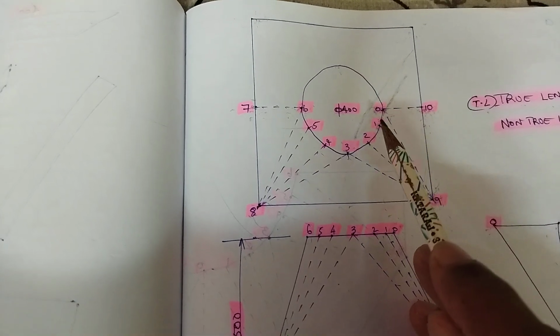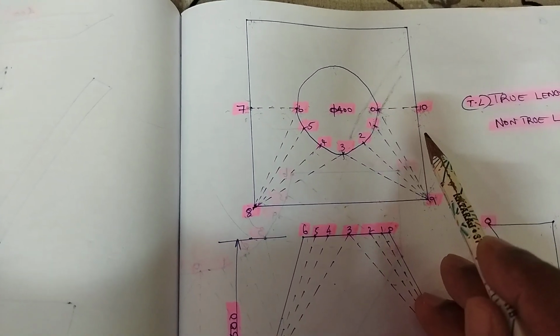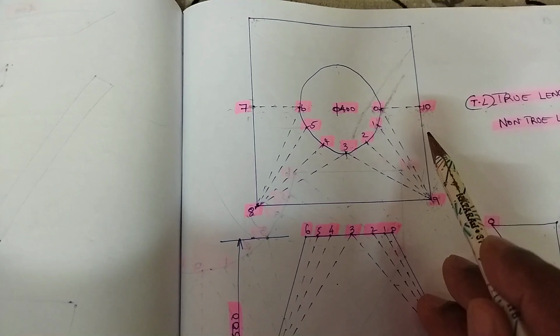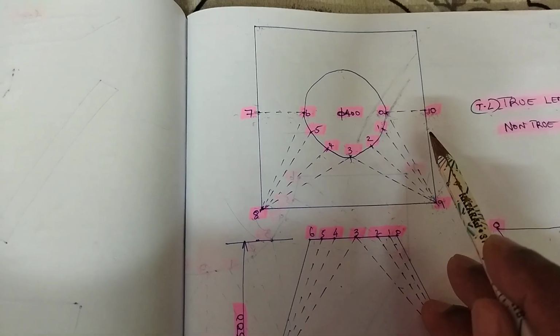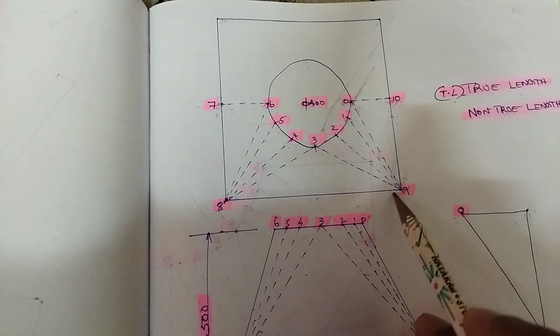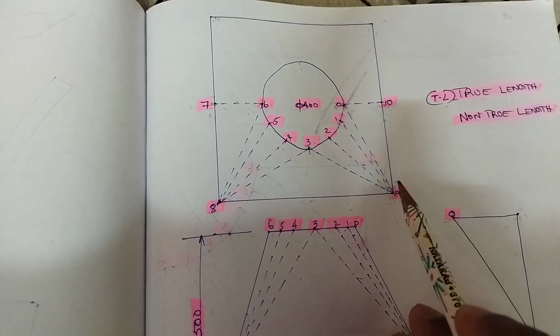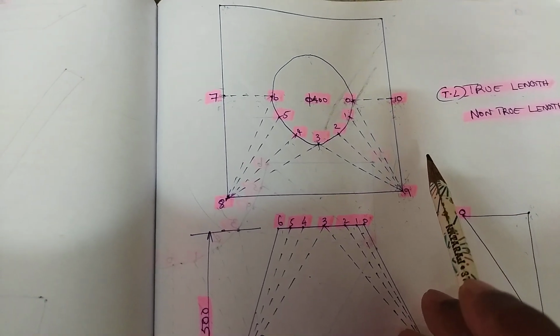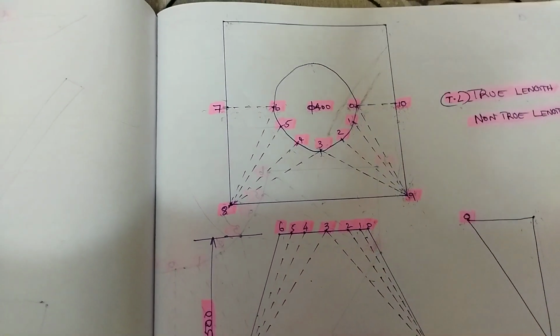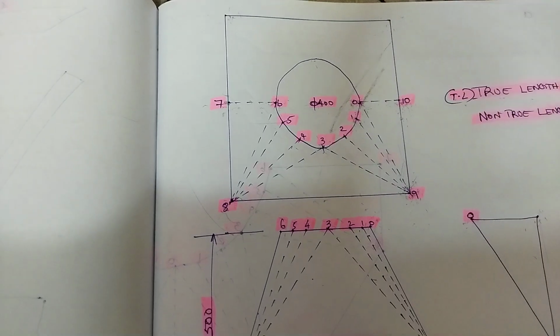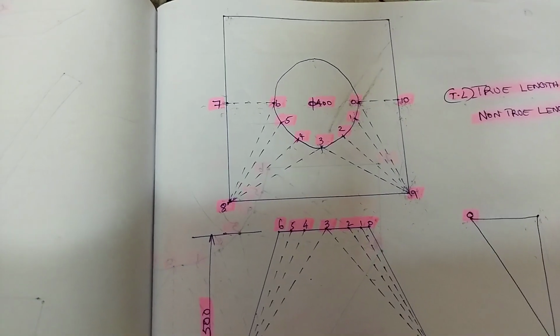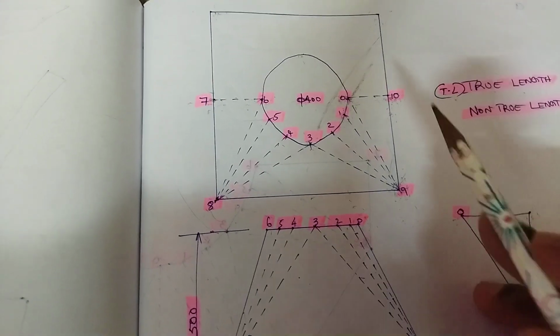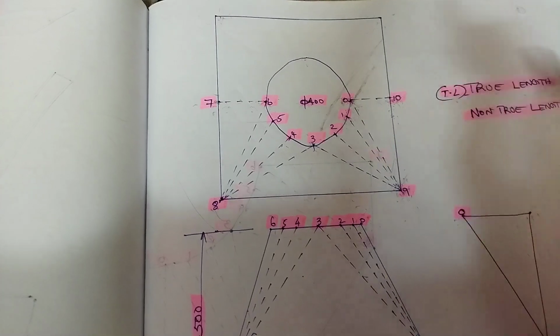One measurement we will get like that. That measurement and this measurement has to be drawn as a triangle, and then we will be finding out 9 to 1.